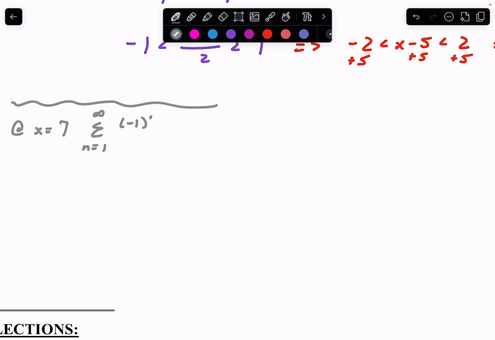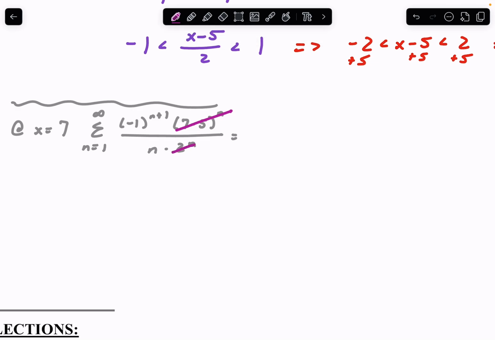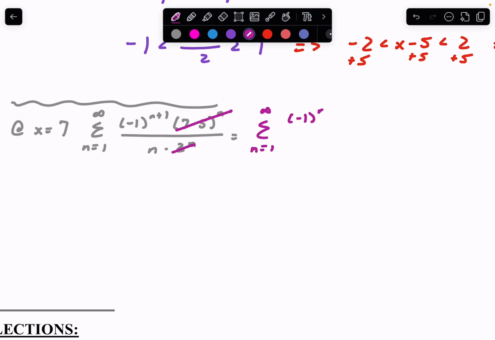If you plug in a 7 for x, you're just going to get a 2 in that spot, and then you have n times 2 to the n. So before I start analyzing this series, I want to reduce as much as possible. That's 2 to the n, and that's 2 to the n. So what this series is negative 1 to the n plus 1 over n.